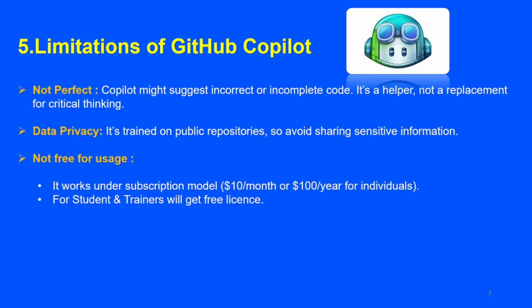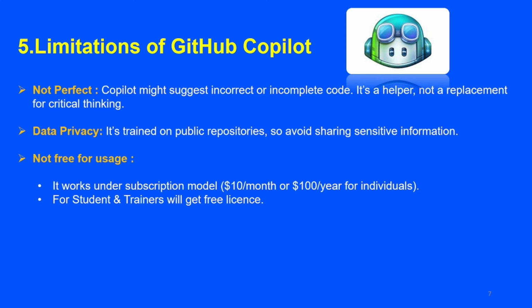That means we should not give any sensitive information to it. We should be very careful when giving data to this tool, about what kind of information we are sharing, because at the end of the day it will go out of your work platform and it will try to execute it to derive the solution. So we need to be very careful in terms of what kind of data we are sharing.